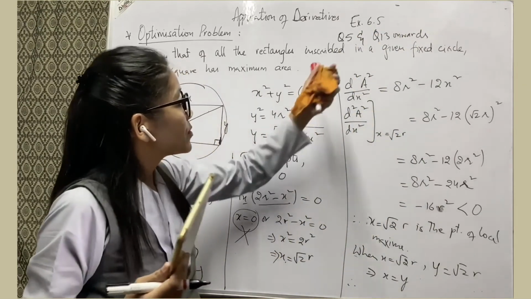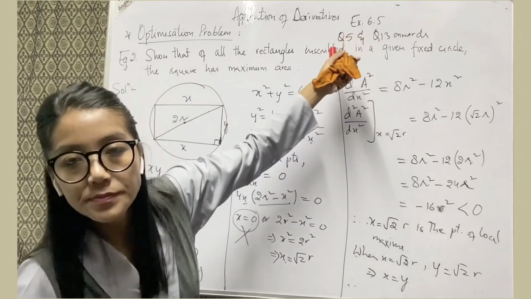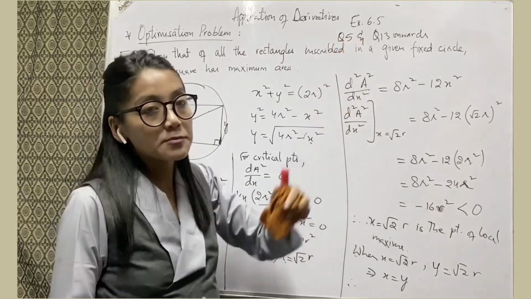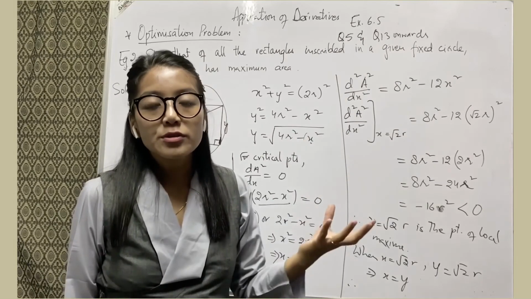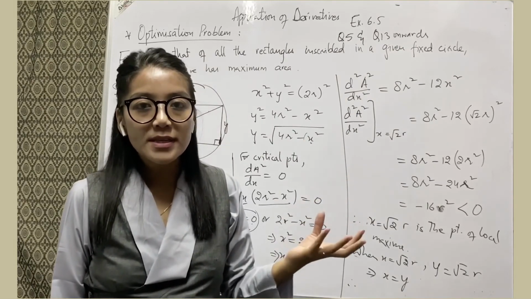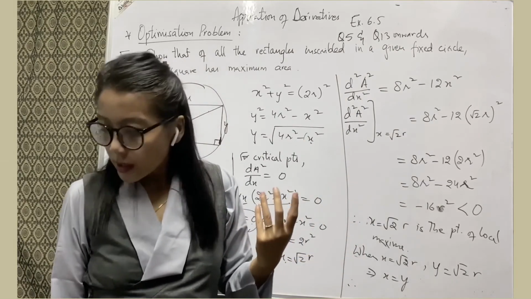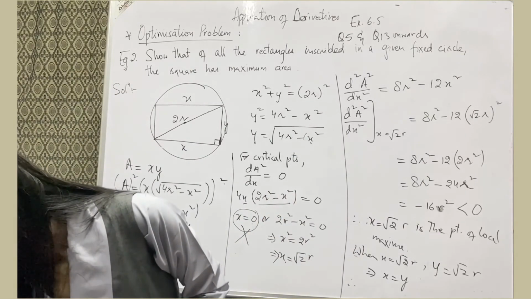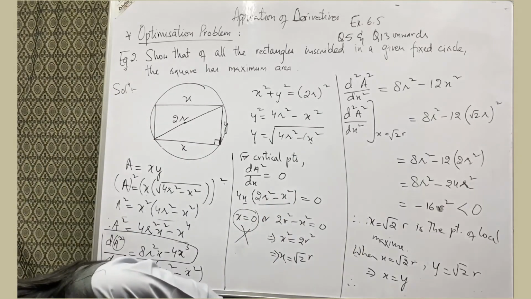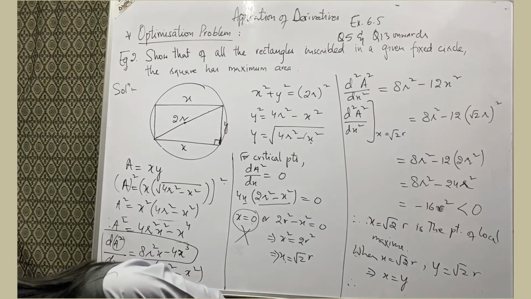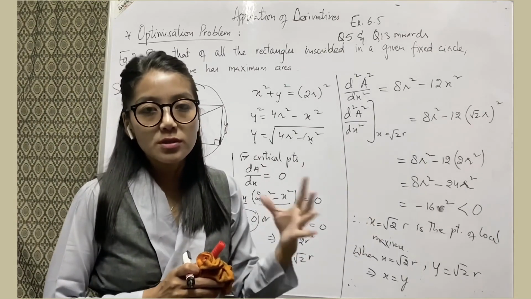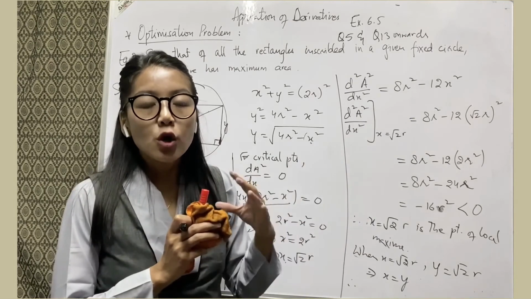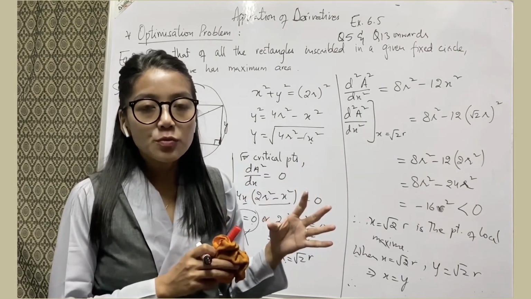Question number 5 is on absolute maximum and absolute minimum, and from question number 13 onwards, all the questions are on optimization problems. There are up to 26 questions, question 13 to 26. So all these questions are on optimization problems.